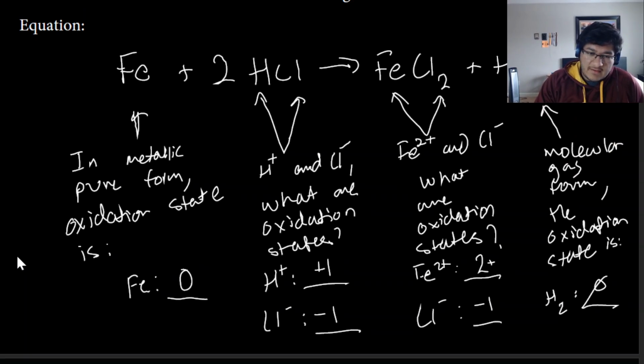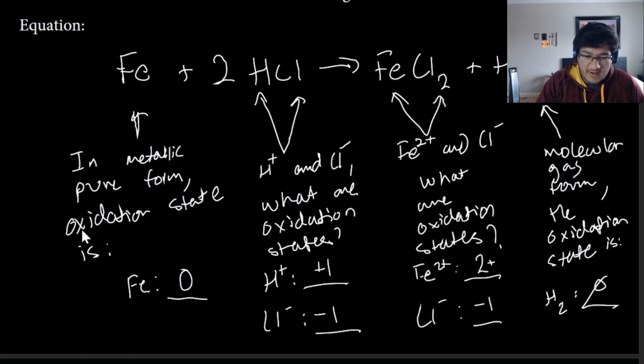I want you to see that some of the species incur changes in their oxidation state. For example, we see that this iron is going from 0 to 2+, so it's being oxidized by 2.